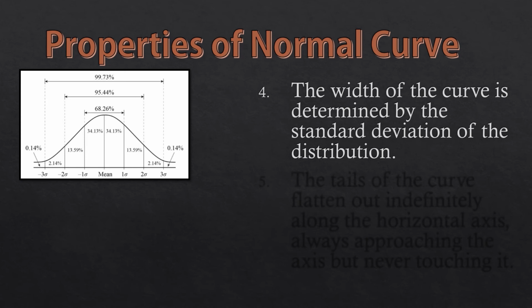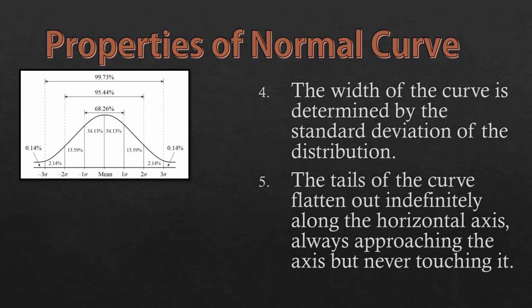This is the value of our mean. Then we consider the multiples of the standard deviation. We have 1 sigma, 2 sigma, 3 sigma to our right side. These multiples of the standard deviation will determine the width of the curve, from -3 sigma to +3 sigma.